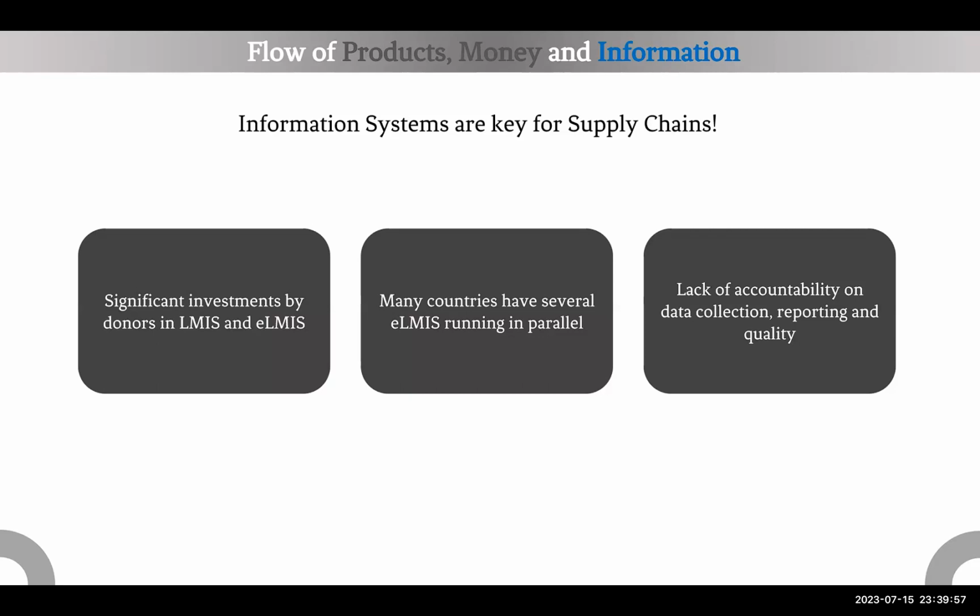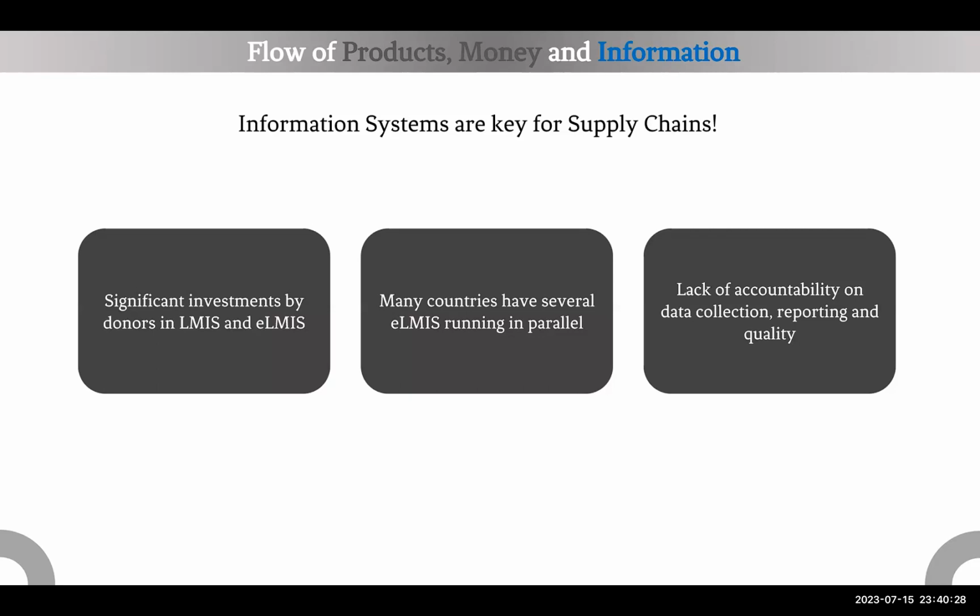So it is very important to understand that when we talk about information and data, it is not only about having an ELMIS system or a mobile-based system or any electronic system. The system is secondary. What is more important is the accountability on collecting that data, reporting that data, and making sure that the data and information is of high quality. Because if the data and information is poor, then the decisions you make will also be poor.